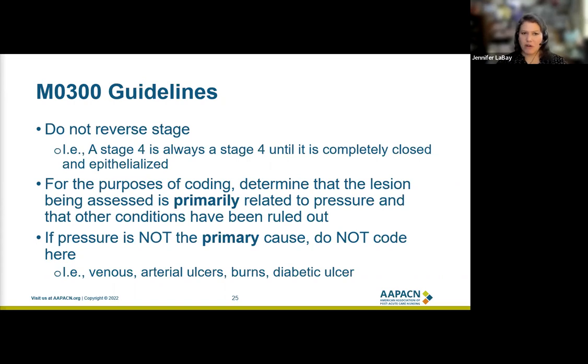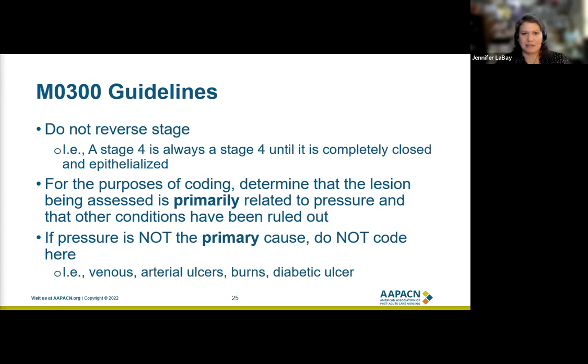For the purposes of coding, determine that the lesion being assessed is primarily related to pressure and that other conditions have been ruled out. So you could have multiple conditions going on, but if pressure is the ultimate cause, even though it may have been exacerbated by other conditions, peripheral vascular disease, diabetes, whatever, that pressure was the primary cause of it.